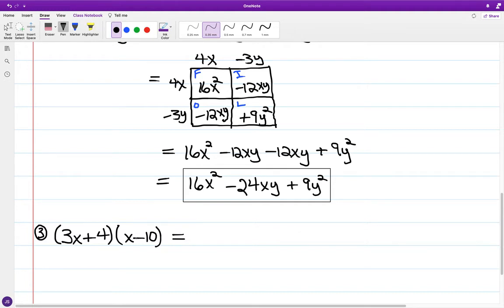Regardless, for the first terms, you'll have the interaction between 3x and x. For the outside terms, we have 3x multiplied by negative 10. For the inside, we have 4 and x. And for the last, we have 4 times negative 10.